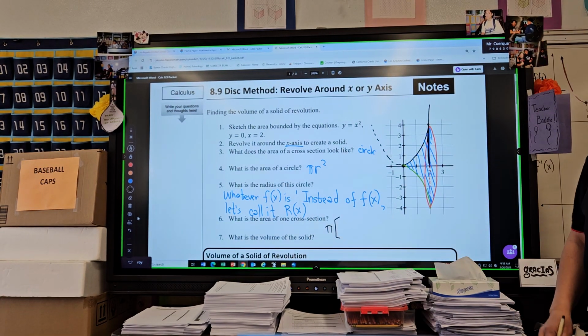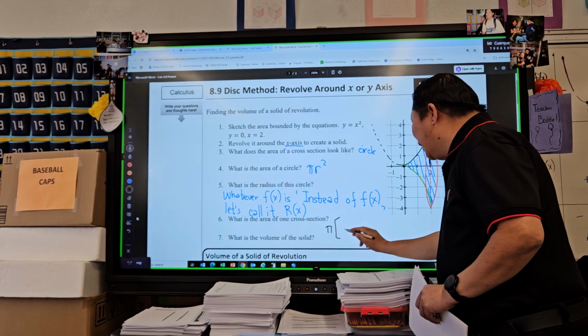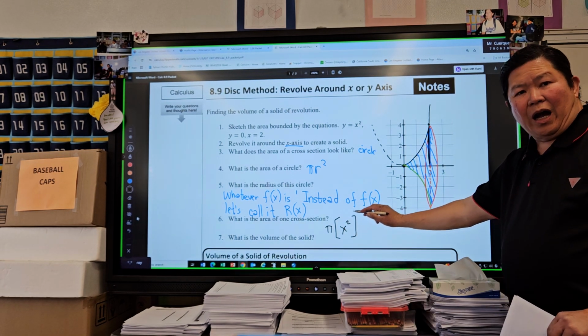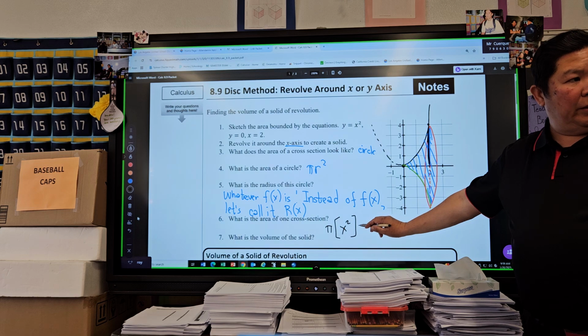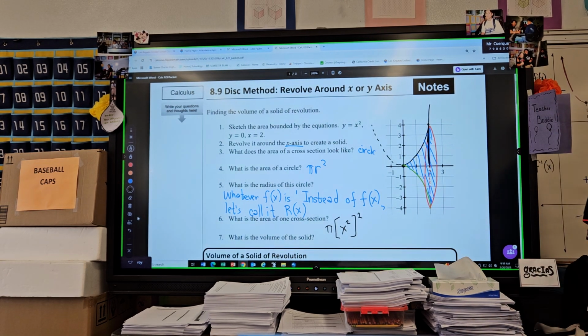What is the radius or the function? x squared, right? x squared serves as the r now. And then square.